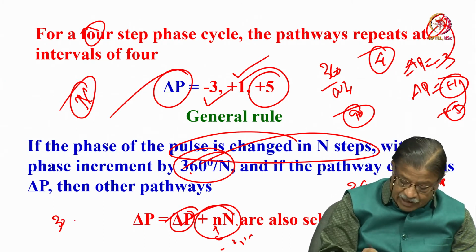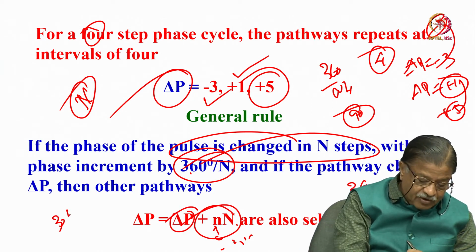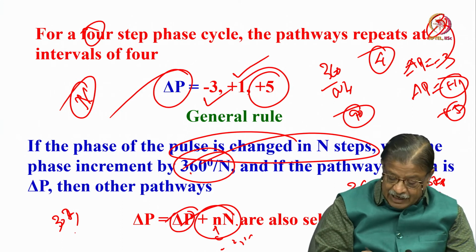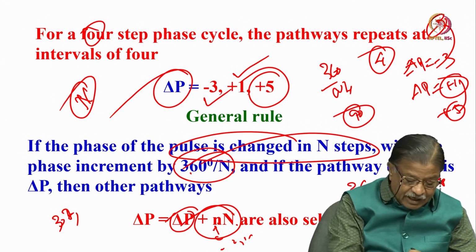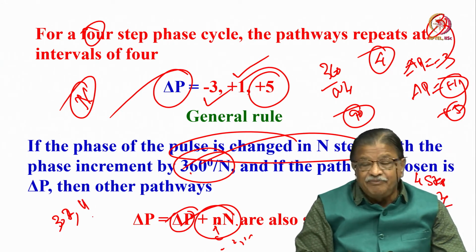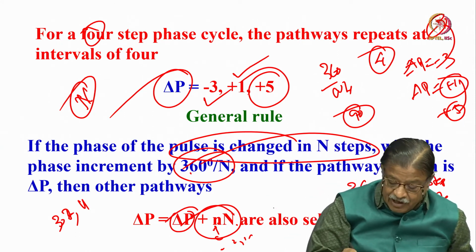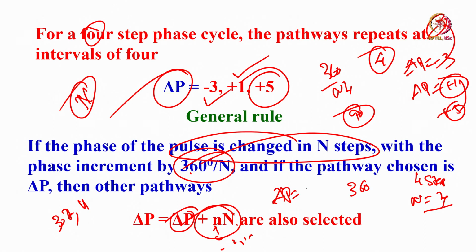So 1 into 4, that means 3 plus 4 is 7. And n equal to 2, 2 into 4 is 8, 8 plus 3 is 11. Like that, all other pathways which obey this formula, delta p equal to delta p plus n into N, are also chosen. This is an important point.